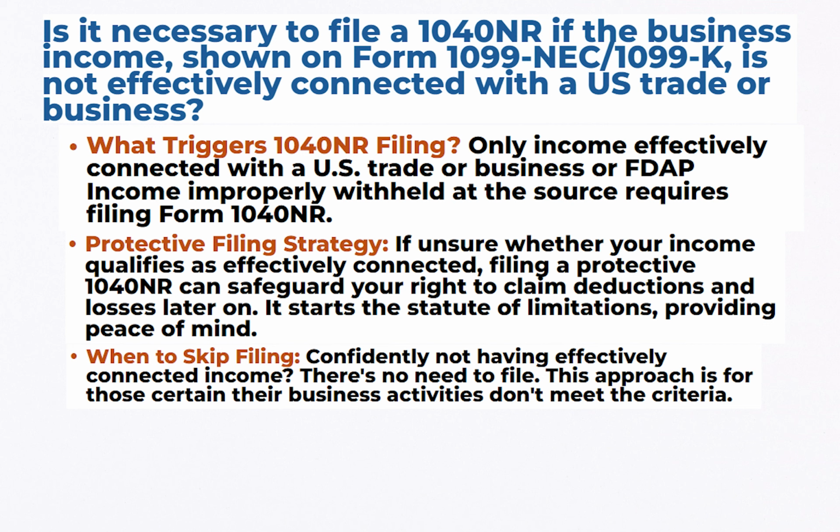One of the businesses that we are definitely certain is not connected to a U.S. trade or business is when a foreign person sits in a foreign country, outside of the U.S., to provide services.